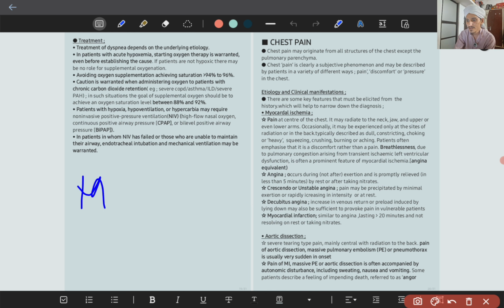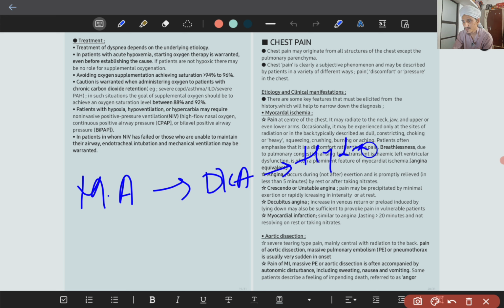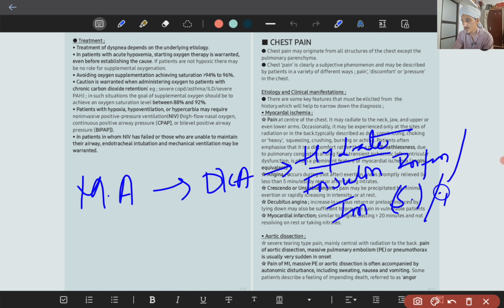Metabolic acidosis. In metabolic acidosis, treat the cause. In diabetic ketoacidosis, what you will do is hydrate the patient. The main thing is hydration, and give insulin by infusion, or if not feasible, you can give insulin subcutaneously or intramuscularly also.